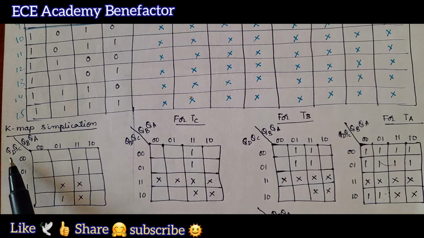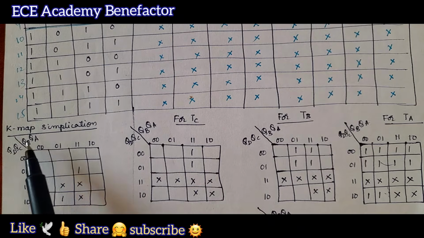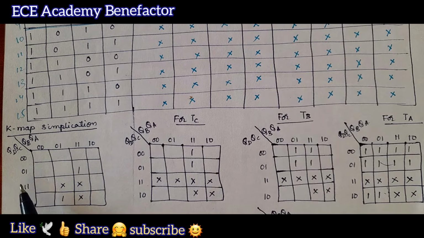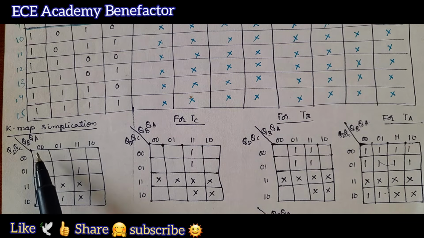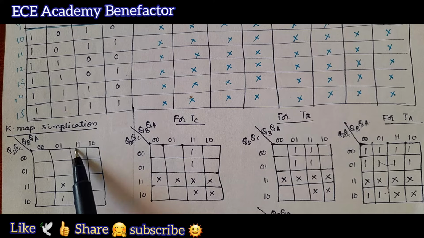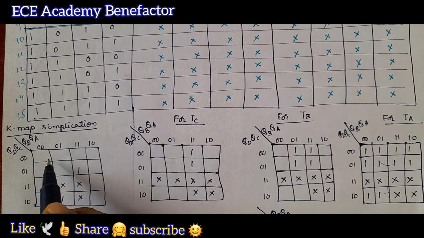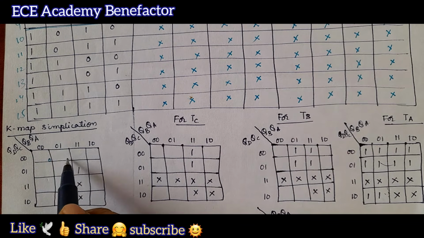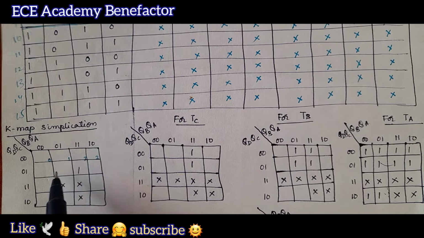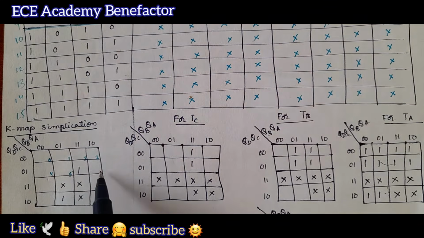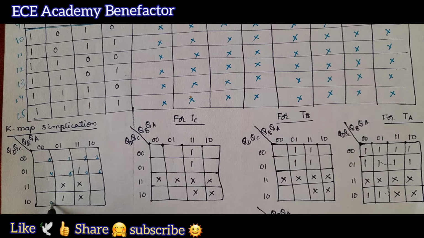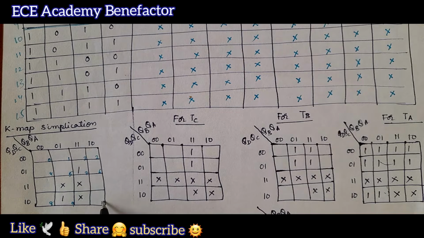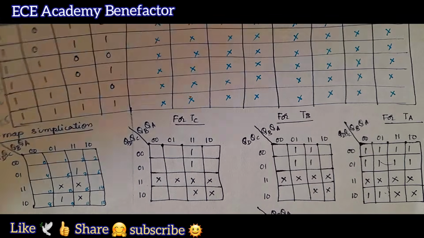The variables here are QD, QC, QB, QA, that is 00, 01, 11, 10, and we know the cell numbers. For our convenience, let us put them in small numbers: 0, 1, 2, 3, 4, 5, 6, 7, 8, 9, 10, 11, 12, 13, 14, 15, like this.